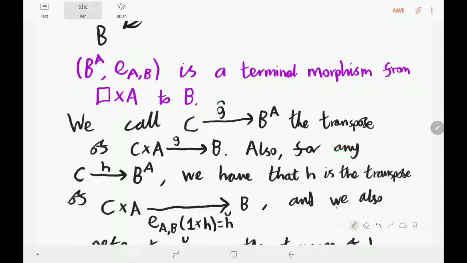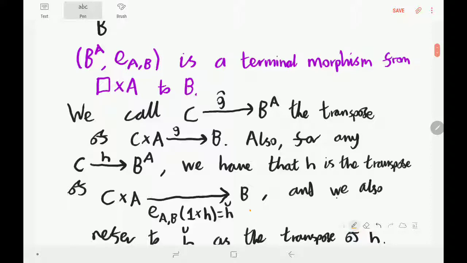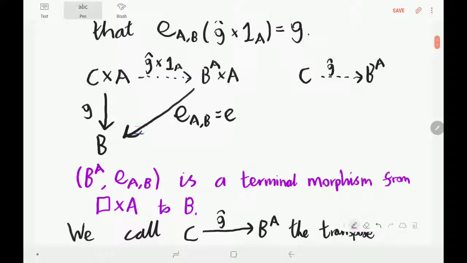And what that means is that for any arrow into our exponential object, for any arrow H, well, if we get that arrow H and then we compute E after H times 1, that's like filling out this part of the diagram.